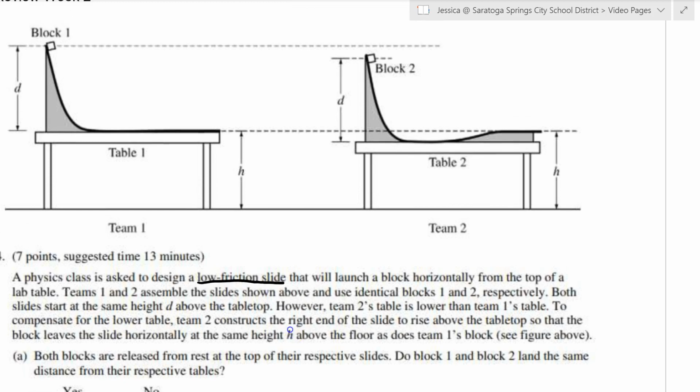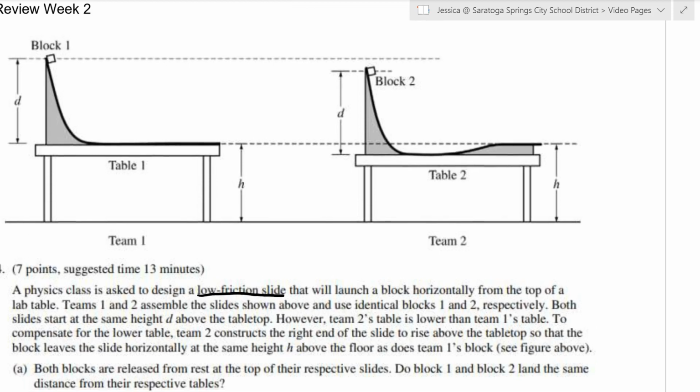Okay. So if I think about this problem, I see that I'm going down a hill, and that's pretty much a good sign that we're going to use conservation of energy. My 2 positions that I'm going to want to look at initially are the first position where block 1 is, and then the position right at the end of the table. Same thing for block 2, the first position, and then the position right at the end of the table.